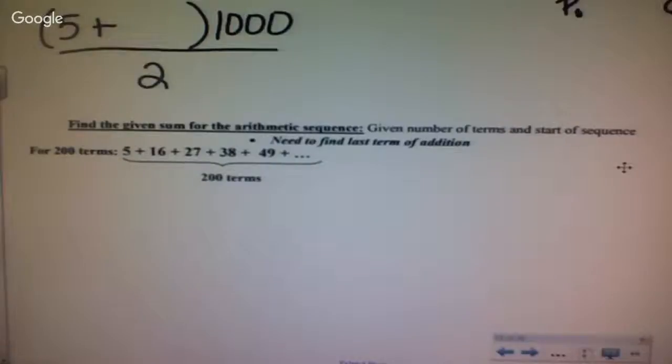Well, in order to do that, I need y equals. Y equals 7x. How did we get 7? We're adding 7 each time, plus 5. That's my first term. So if I have 1,000 terms and I'm starting at 0, what is my final term actually?